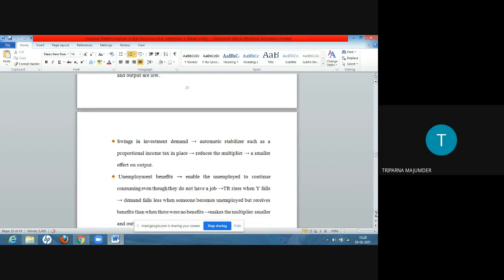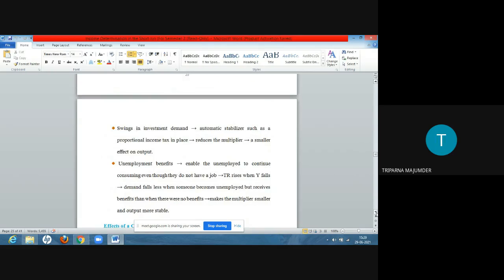Unemployment benefits, for example, enable the unemployed youth to continue consuming even though they do not have a job. Transfer payments rise when income falls.